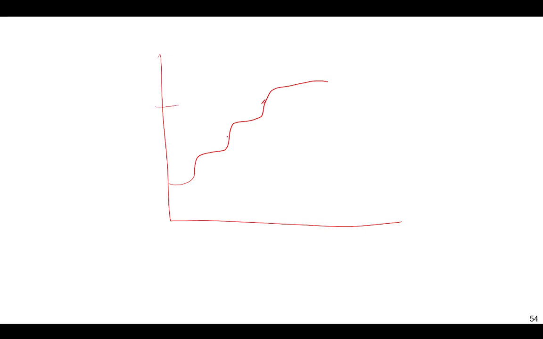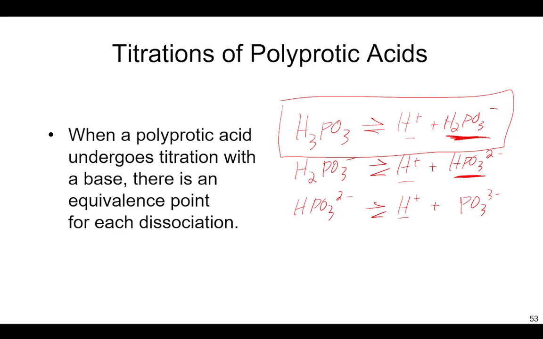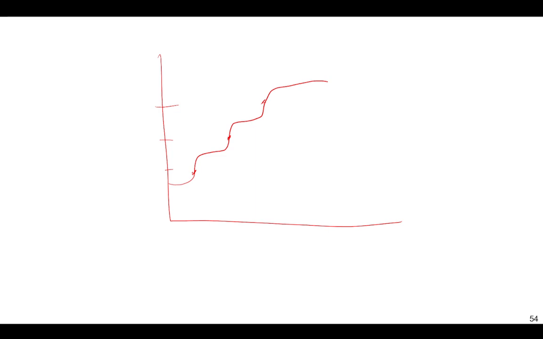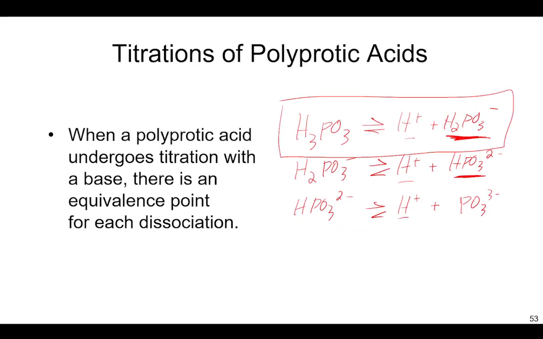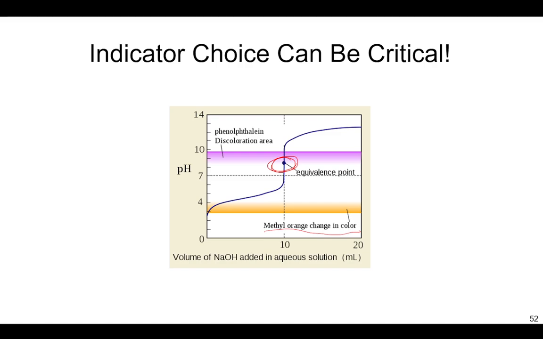Here, here, and here. All right, so that's the only concept I want you to be aware of. For polyprotic acids, you would have titration curves that have 3 steps to them if there are 3 protons, or 2 steps if there were only 2 protons, whereas our other monoprotic acids only have a single equivalence point.